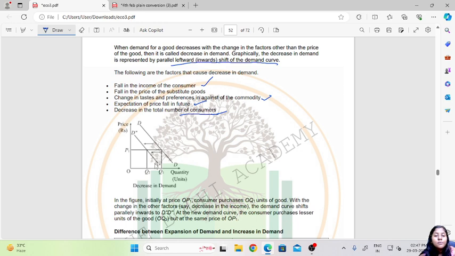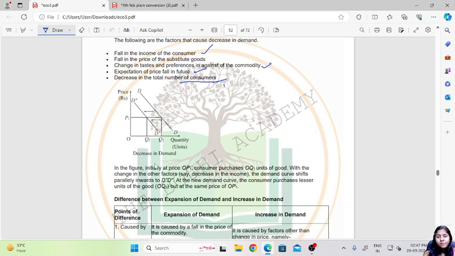So how do we show it? I'll draw decrease in demand over here. Y-axis, x-axis.